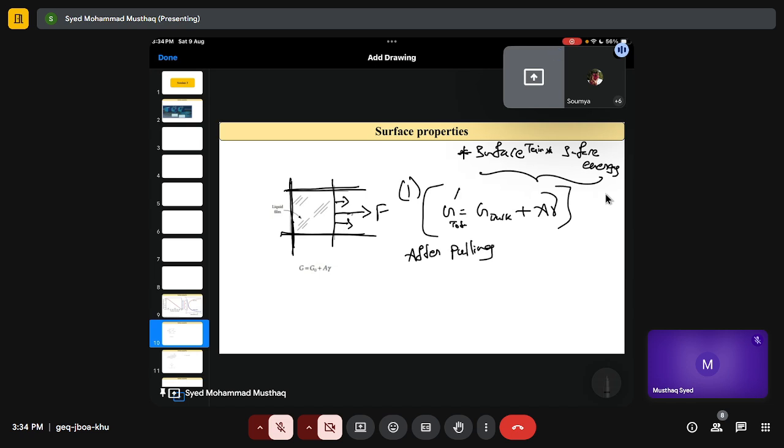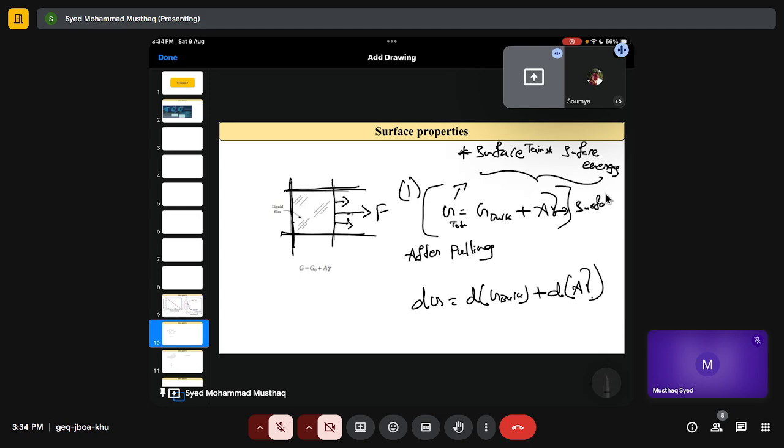There will be a change in free energy, dG. How do you write that? The change in bulk energy plus the change in surface energy. Again, this is the surface energy.